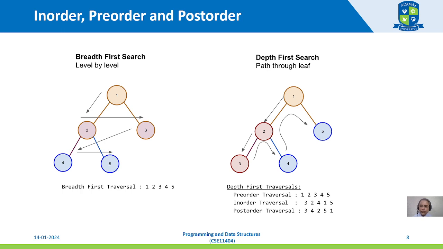So it is breadth first level by level, and depth first search goes path through leaf. It is very important to know the recursion follows the depth first search, and it goes from the leaf node up to the root node.